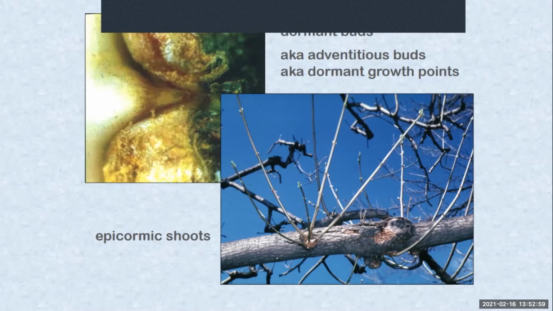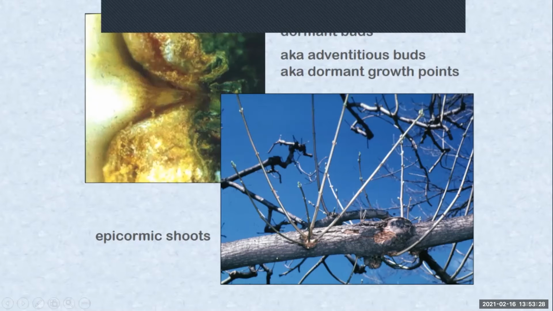And if there's damage, let's say a bad pruning cut, looks like we got a flush cut here, and you can see we've got some damage down here on the branch. This damage here may have affected the plant hormones, such that it allowed these dormant points underneath the bark to become activated and produce these epicormic shoots.